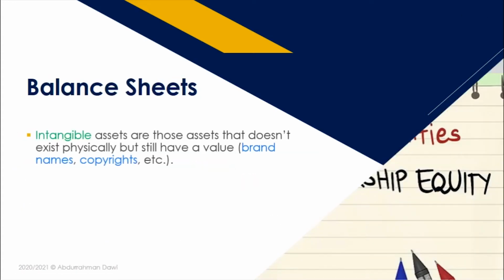Let's talk about the other type of assets that is also considered fixed, but we call them intangible assets. Intangible assets are basically things with a value, but they don't have a physical form. We can't touch them and they have a value, like the brand name or the copyright of what you own as a media editor or something.